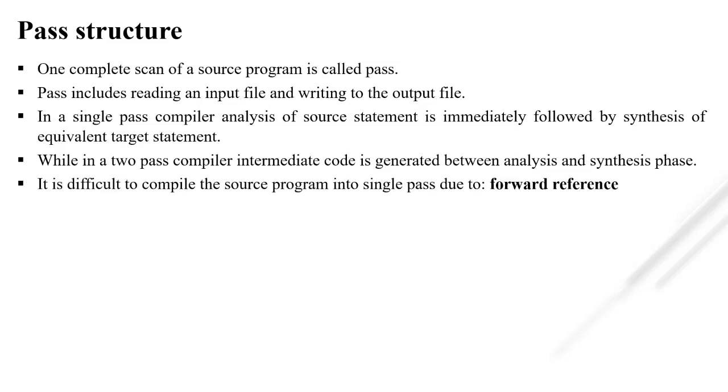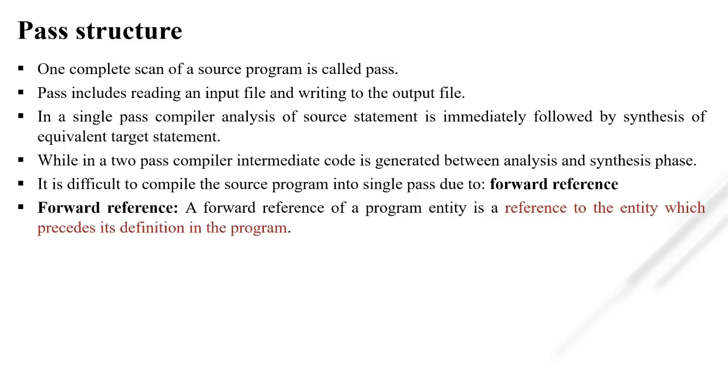It is also difficult to compile the source program in a single pass due to forward reference. So this forward reference is a difficulty in the single pass. Let's see what a forward reference is. A forward reference of a program entity is a reference to the entity which precedes its definition in the program.